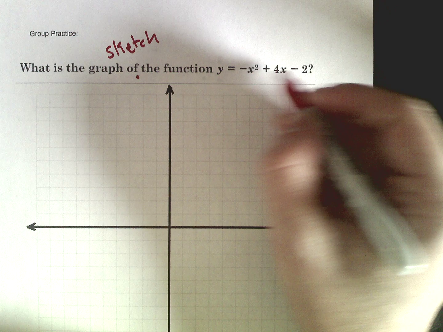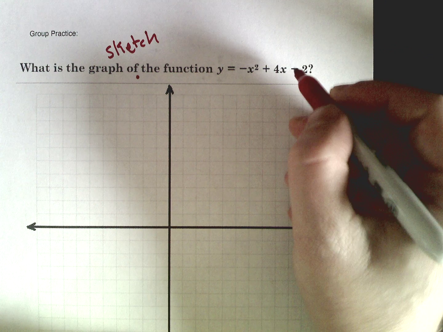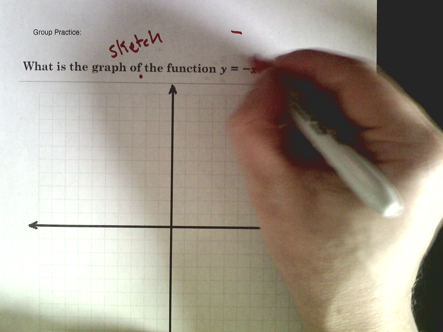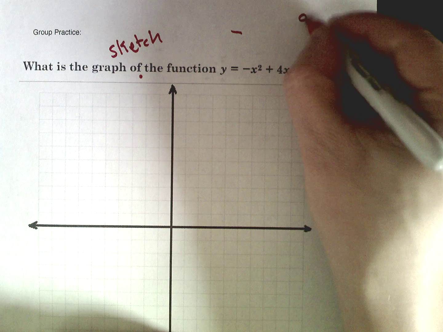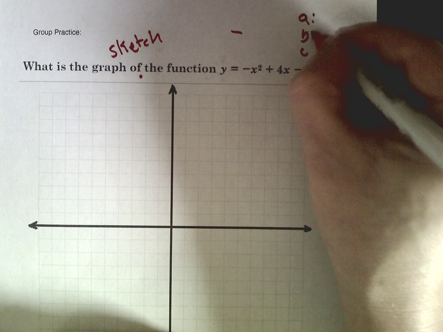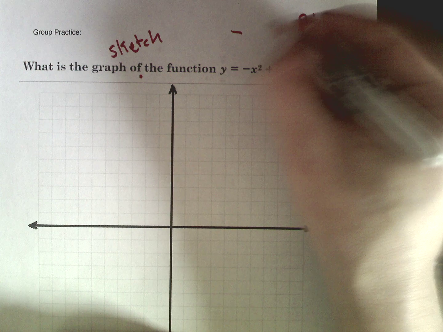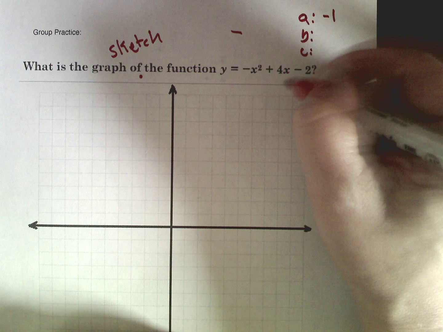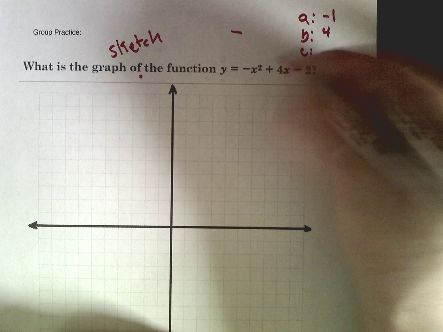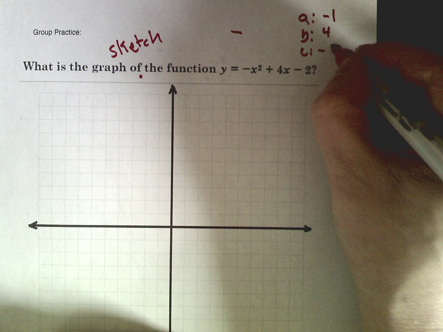Okay, well, negative b. This is my a. Let's write this down, a, b, c. My a is negative 1, my b is 4, and my c is negative 2.